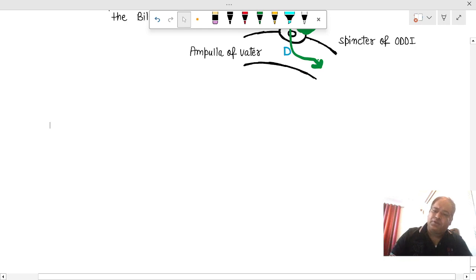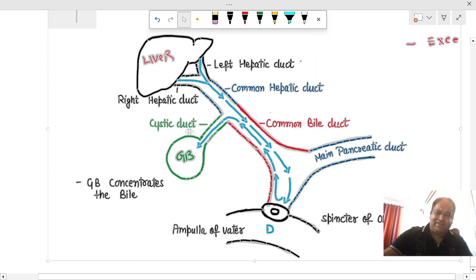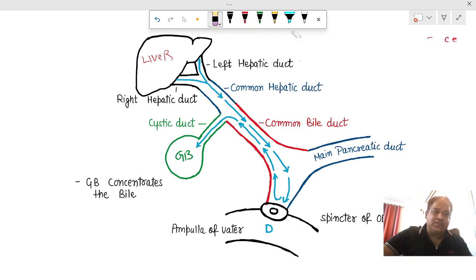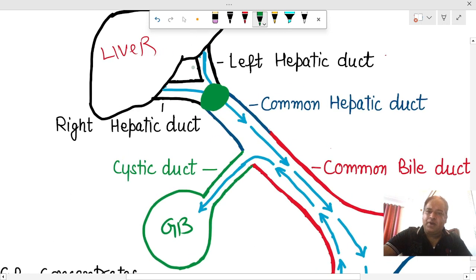The fourth vague exception to the Courvoisier law. Let's say, buddies, there is a Klatskin tumor here. Now this Klatskin tumor will block the flow of bile here only.